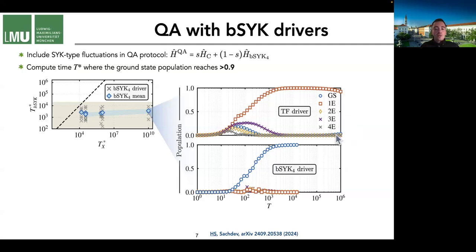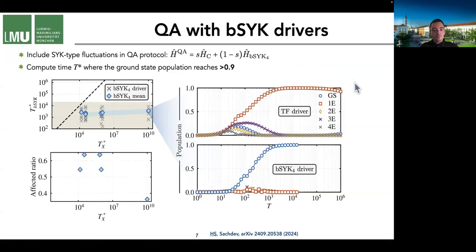And then we very crudely approximate this to go to 90% at roughly 10 to the 10, which is not so important. The main point here is really that the bosonic SYK Hamiltonian gives you a vastly quicker convergence towards the ground state for certain configurations of it. So this is one particularly well-working example of the BSYK Hamiltonian here.